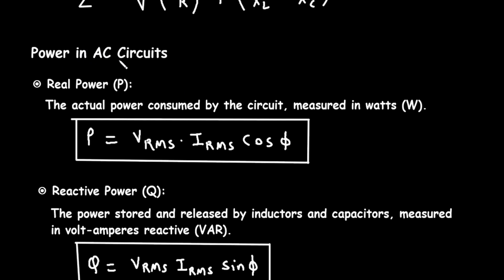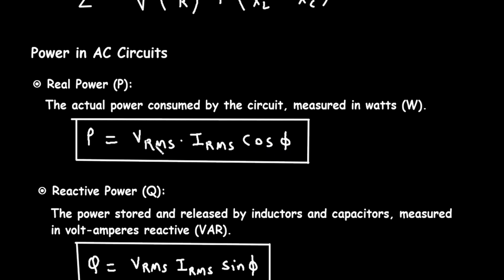Then next, power in AC circuits. Real power is represented by capital P. It is the actual power consumed by the circuit, measured in watts, represented by capital W. The power formula is P is equal to Vrms into Irms into cos phi.